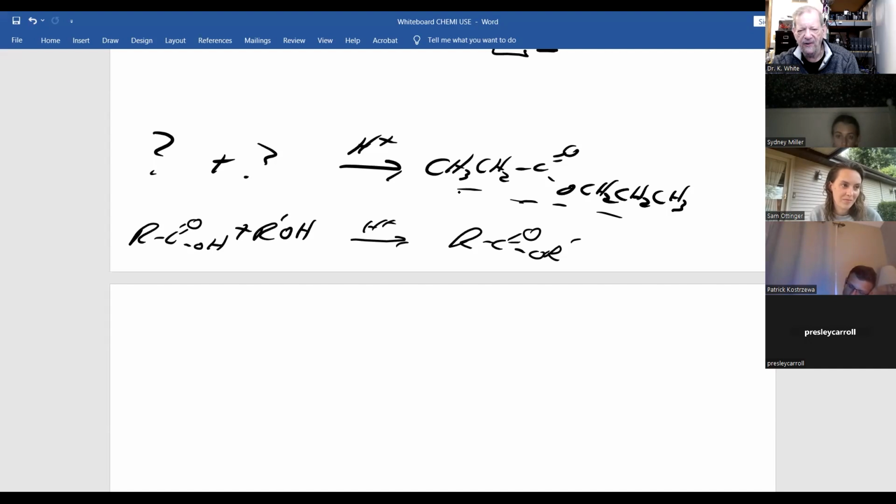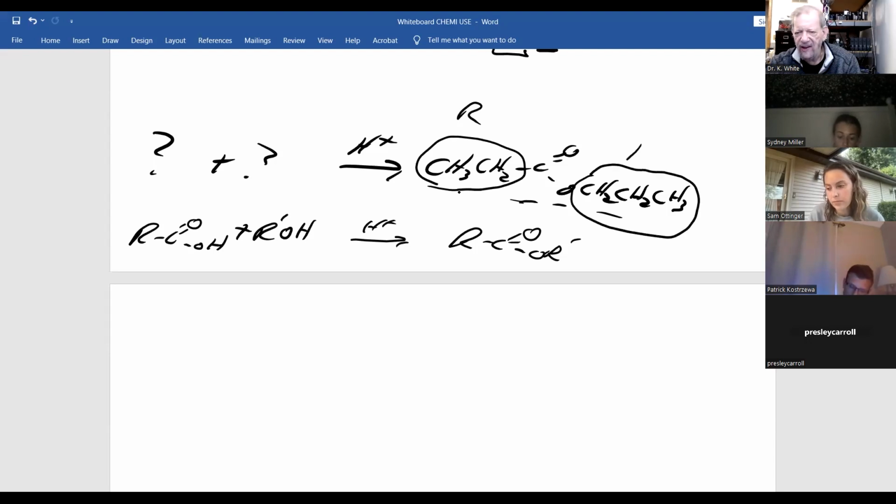So what's my R group? Whatever is attached to the carbonyl carbon. What's my R prime? Whatever is attached to the oxygen here of the ester. So immediately I can write my R group is 2 carbons. I have my carboxylic acid.